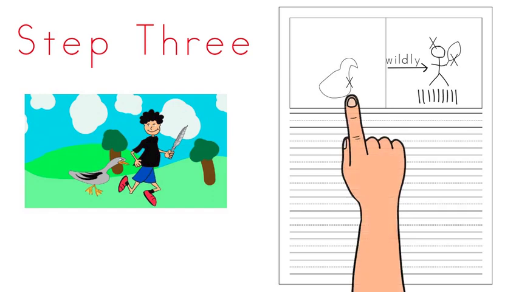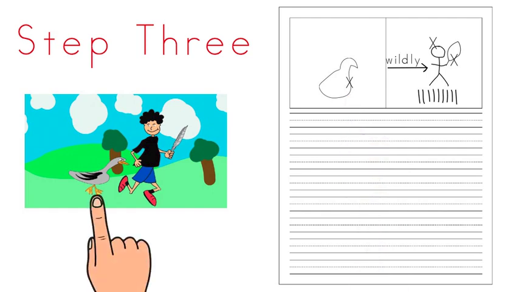Go to the goose. Ask the fancy word question. What kind of goose would wildly chase after a boy who plucked its feather? We can describe what the goose looks like, fat, or we can describe using a feeling word like angry.